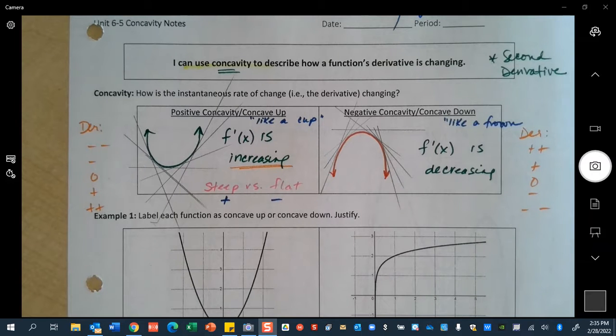I started off positive, and each slope of my tangent line gets lower, lower, lower. So let's say I start off with a derivative of positive 12. By the time I go along the continuum and I hit 0, and then keep going, I'm very negative here with a steep negative slope.